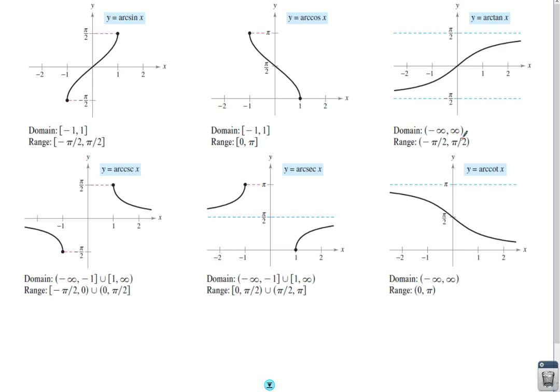So whenever we're looking at our unit circle, remember when we're getting our answers, if I want arc sine of negative 1, my answer would be negative pi over 4, because my answer has to come from negative pi over 2 to positive pi over 2, okay?